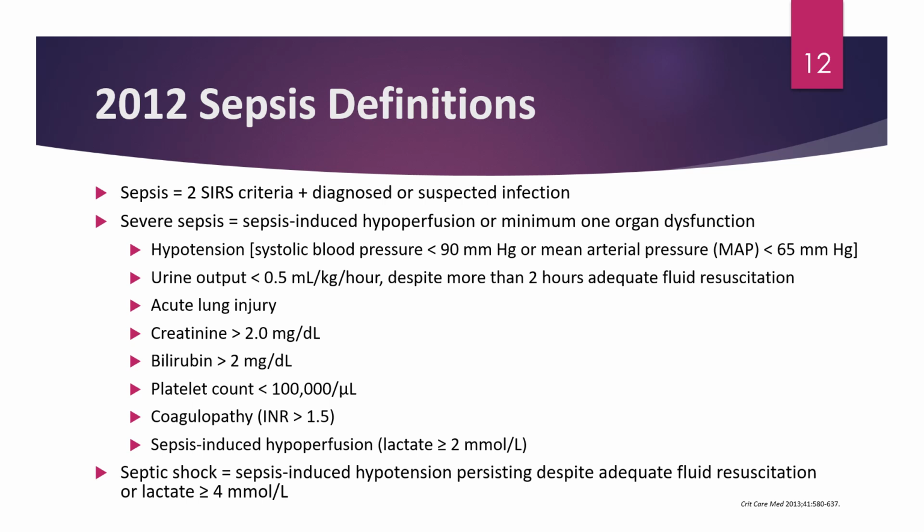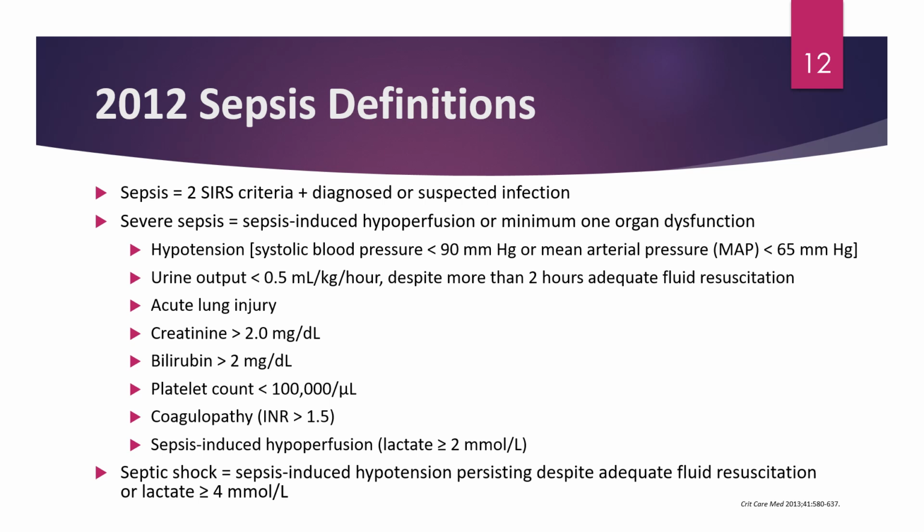You also have sepsis-induced hypoperfusion, which is the other piece. If you have a lactate greater than at least 2, you already know at that point that anaerobic metabolism is occurring at a higher level than it usually is, and because of that, we need to address it. Severe sepsis can eventually lead to septic shock.